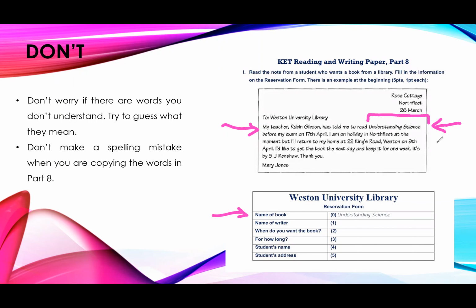So when you are going to write it here, if you make a spelling mistake, you cannot get the full mark because they say that you had the correct spelling, but you didn't take a look at it carefully. So in this part where you have the correct form on your page, it is your responsibility to look at it carefully and write it correctly on your answer sheet.